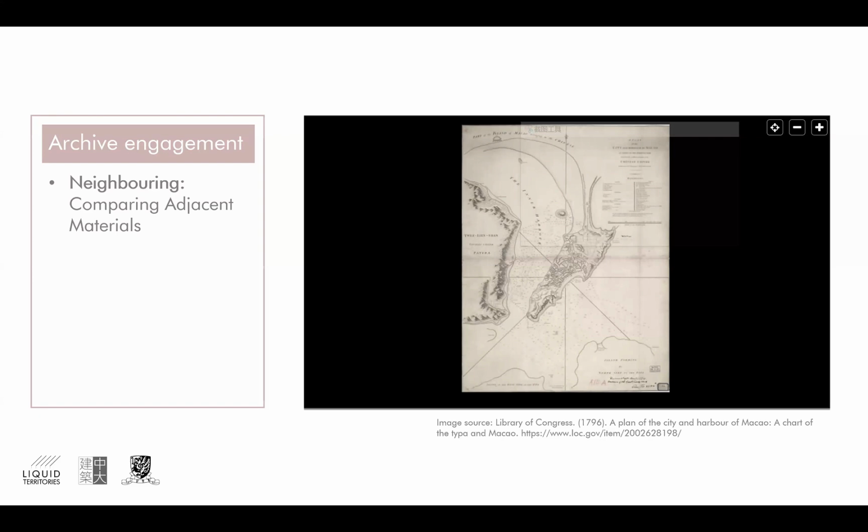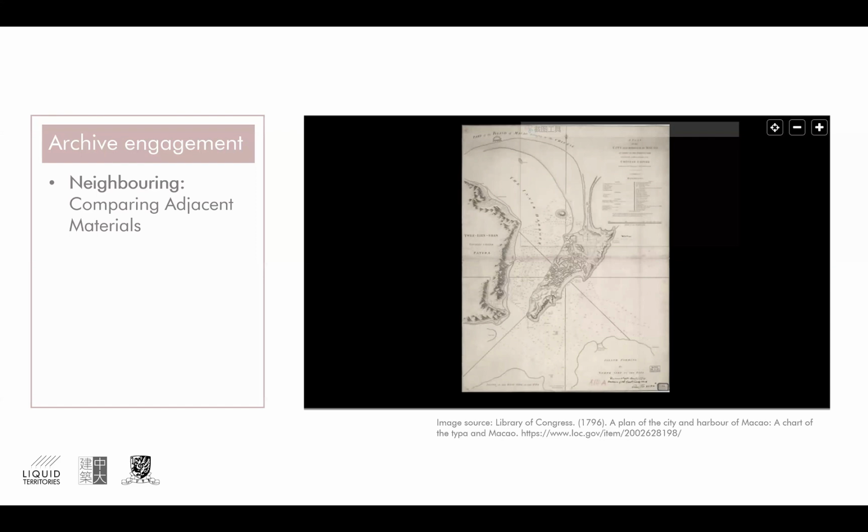So why is this useful? In a way, archives are not usually neutral. They're not neutral. They're curated, structured, and often fragmented. By exploring neighboring materials, you can discover patterns and relationship not obvious in a single item.